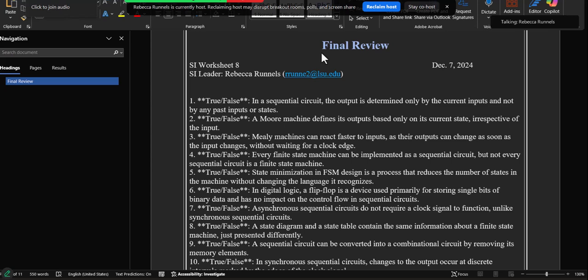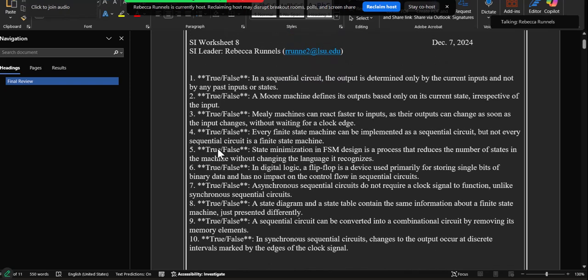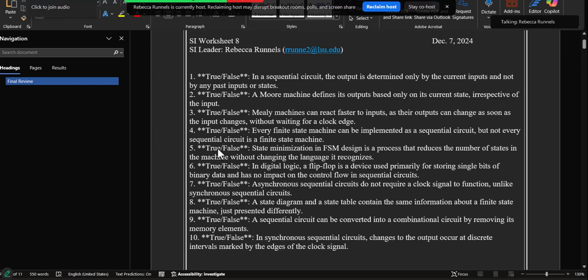In a sequential circuit, the output is determined only by the current inputs and not by any past inputs or states. So first of all, we need to know, what do we mean by a sequential circuit? Anybody have an answer on that? Isn't it just like a flip-flop? Flip-flops are certainly used in sequential circuits, but that doesn't define it.